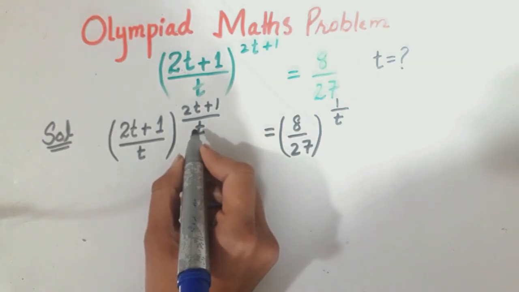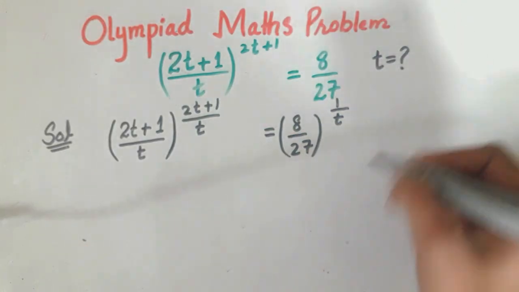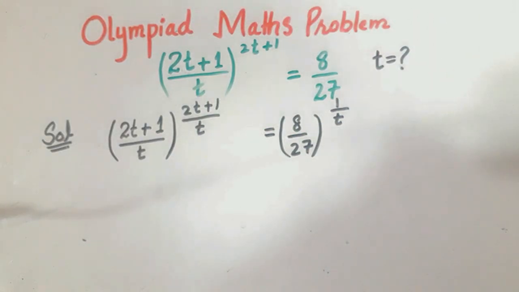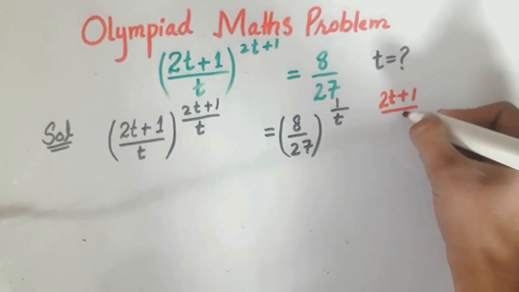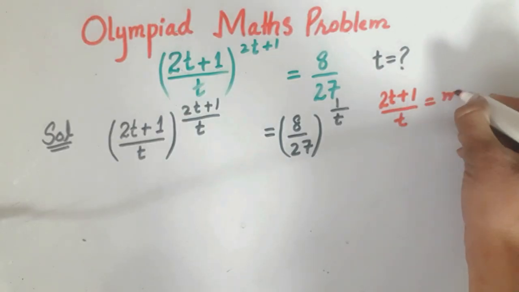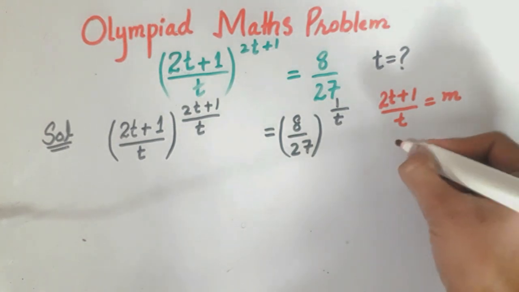Now in the next step, let's suppose (2t+1)/t equals m. We have to find the value of t, so we will change the variable.